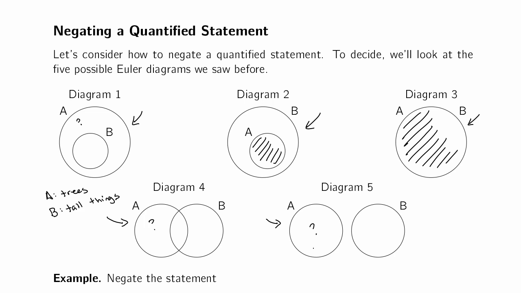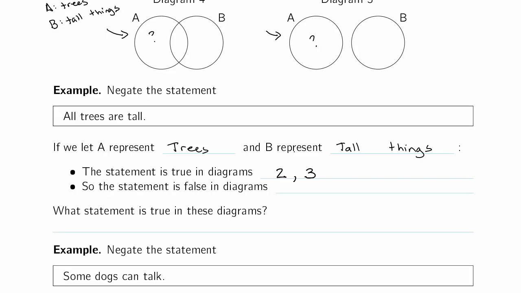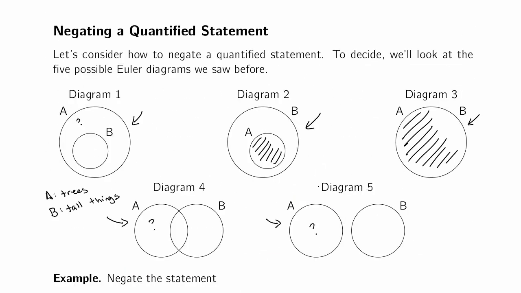so if all trees are tall is true, we could have diagrams 2 or 3, which means that the statement is false in all the other diagrams, in 1, 4, and 5. And in those diagrams, what did we see? Well, we saw trees that are not tall.